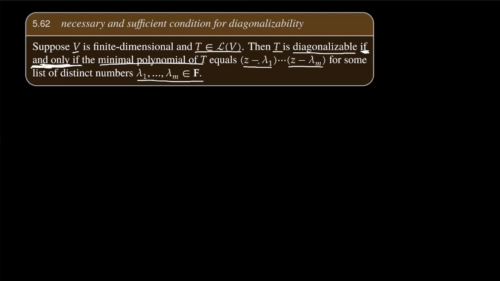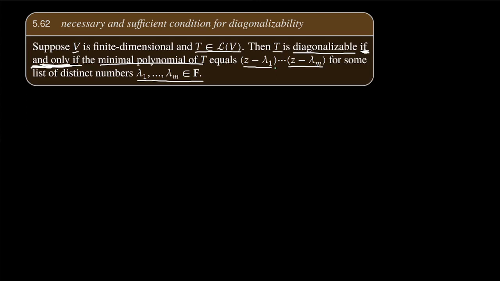That is, here we've got z minus lambda 1 all the way through z minus lambda m for distinct lambda 1 through lambda m. If I have the minimal polynomial with potentially some repeats, like lambda 2 is equal to lambda 4 or something like that, then I don't have diagonalizability. I only have upper triangularizability.